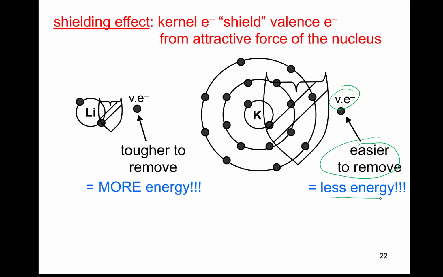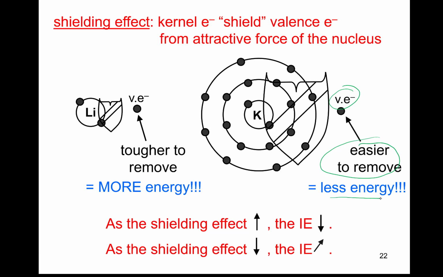But when it's tougher to remove a valence electron, like with the lithium atom on the left, it's going to require more energy. So as your shielding effect increases, the amount of ionization energy needed to remove an electron will decrease. As there's more shielding going on, like on the right picture, there's less energy needed to remove an electron.